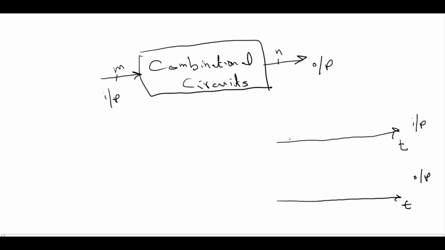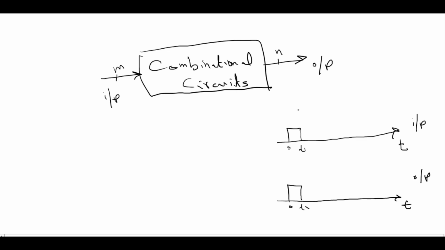So let's suppose if you apply an input here, you will get your output exactly at the same time. This is 0, this is 0, this is T1, this is T1. I am ignoring all the delays that you have studied, for example propagation delay, computational delay, and so on.